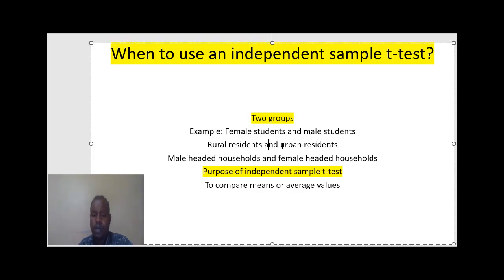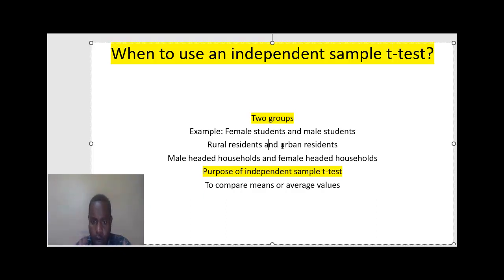Likewise, we can also compare and contrast the average income of male-headed households and female-headed households, to find out whether there is a difference between the two groups. We can measure the food security of male-headed households and female-headed households, and using the measurements of food security, we would get a value for the male-headed household group and the female-headed household group, and then we compare and contrast the average food security value of both groups.